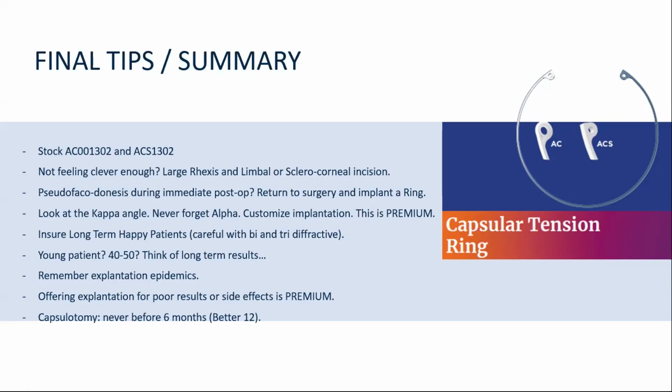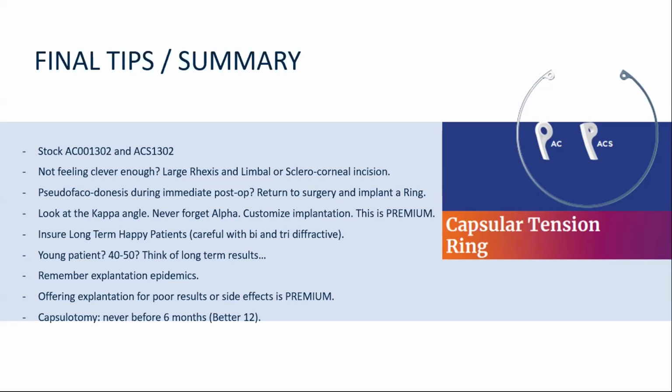And one more tip. If you do the right implantation of the CTR and the right stretching of the capsular bag, never do the YAG capsulotomy before the 6th month. I had an experience with this, and it was negative.